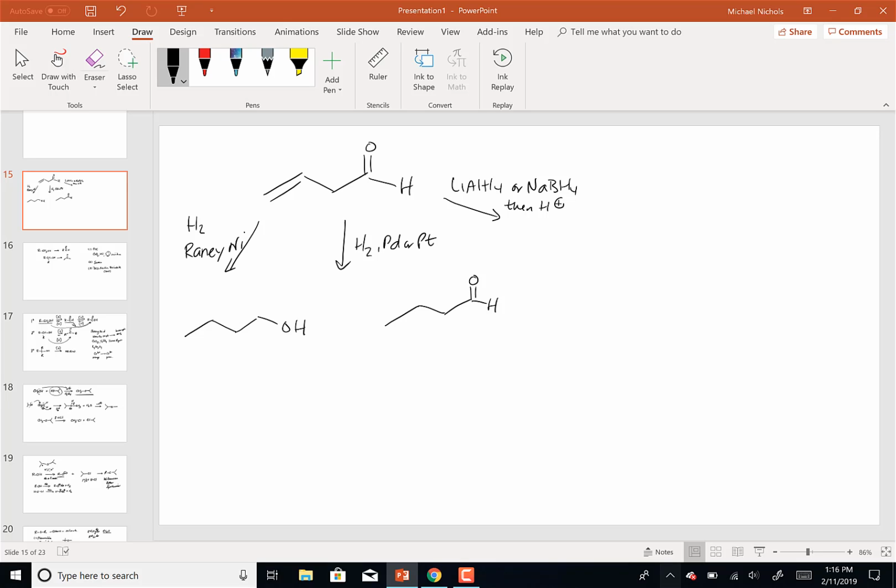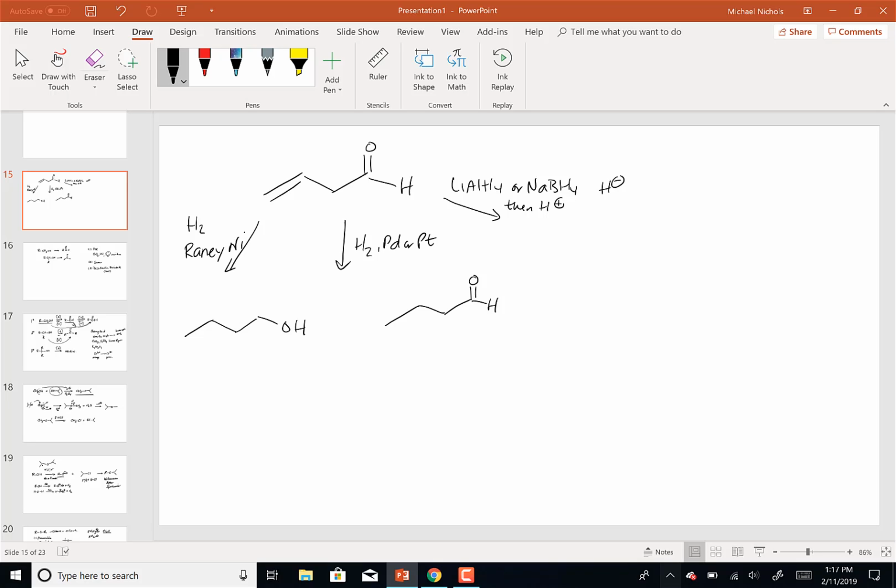And lithium and sodium borohydrides are sources of what? H minus. So what's the H minus going to react with? Not the oxygen.